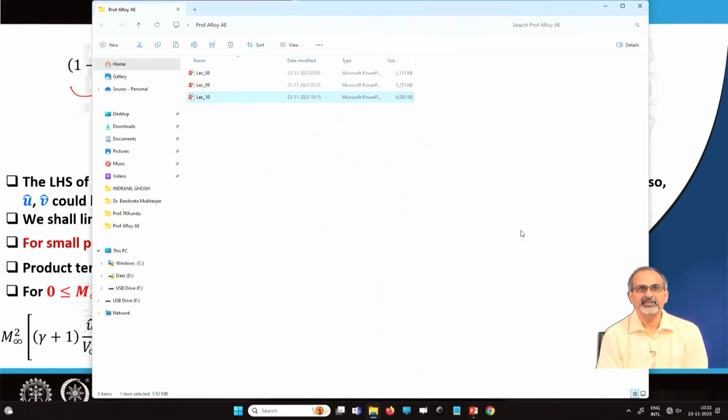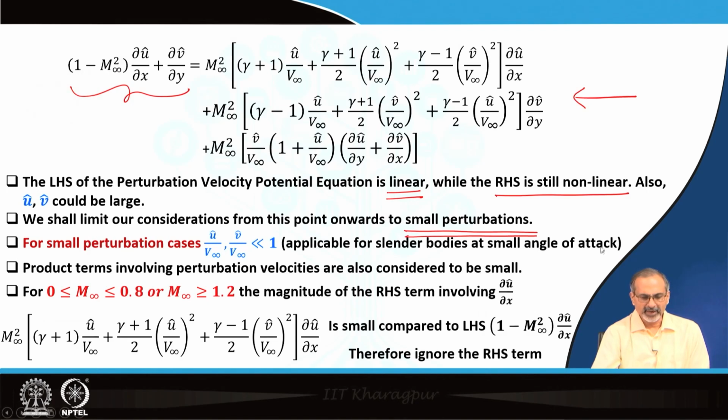For the small perturbation case, this would mean you have u hat by v infinity or v hat by v infinity much less than 1, which is applicable for slender bodies at small angle of attack. The product terms involving perturbation velocities are also considered to be small, and therefore the products would be neglected.